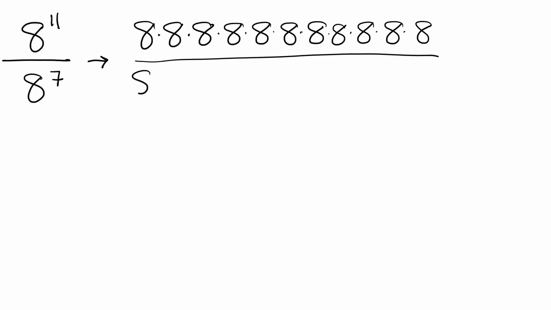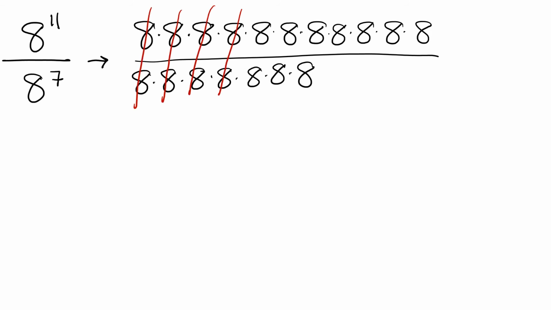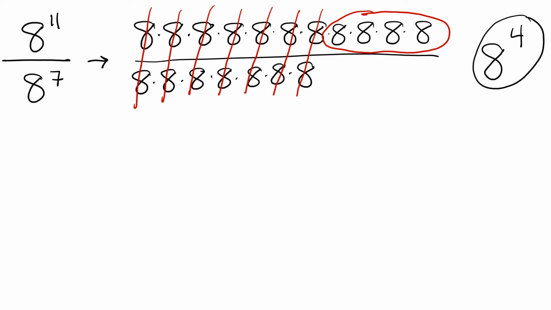Across the bottom, we write out 8 to the 7th, 7 times. We pair them up, top and bottom, and cancel them out. And to see how many is left over, our base number 8 stays the same, and we have 4 left over, which becomes our new exponent.